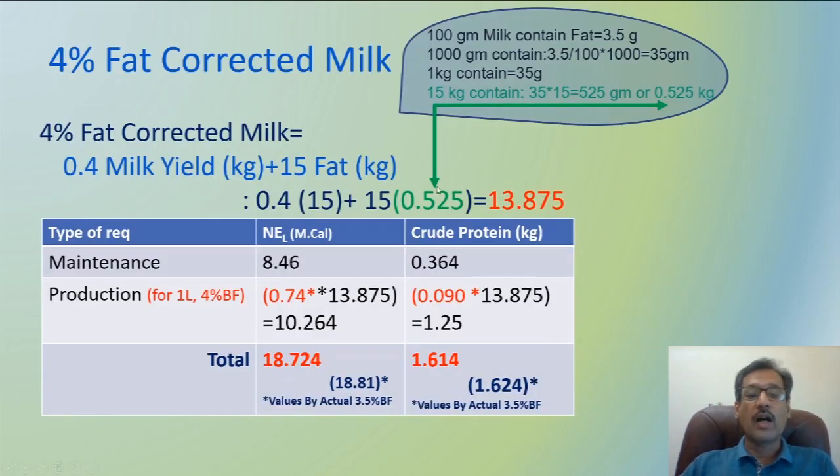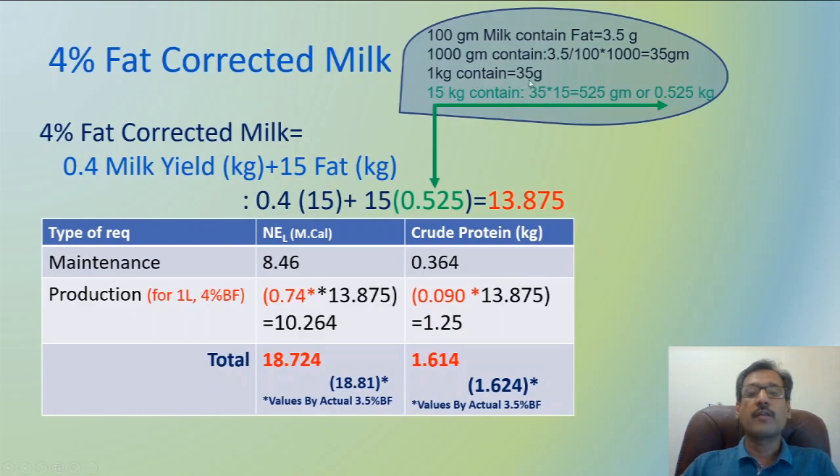So how did I get this value? Because this animal contains 3.5% of butter fat. You don't have to write the percent of butter fat, you have to convert that percent into kg. So I have converted on the amount of milk produced, like 100 gram milk contains 3.5 and 1 kg milk contains 35 gram.